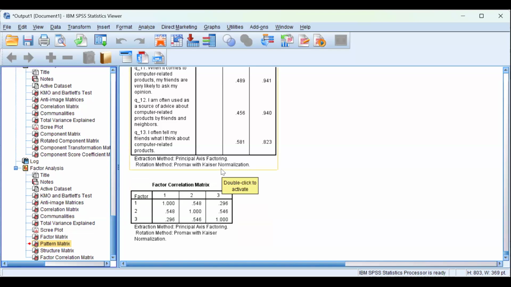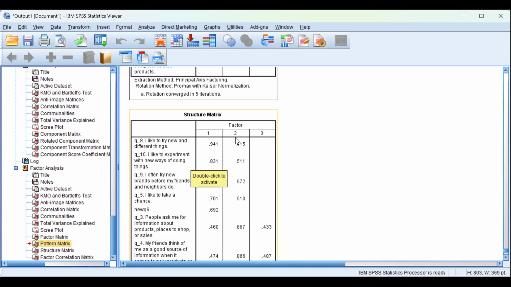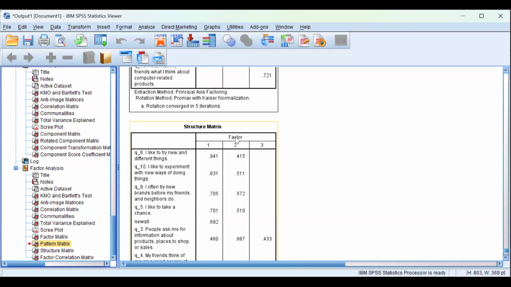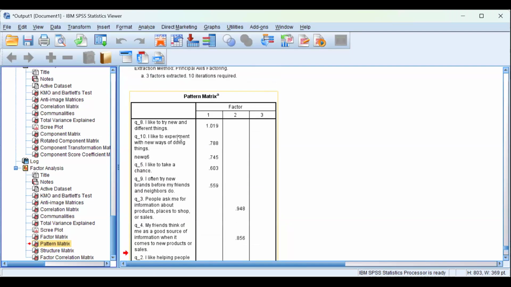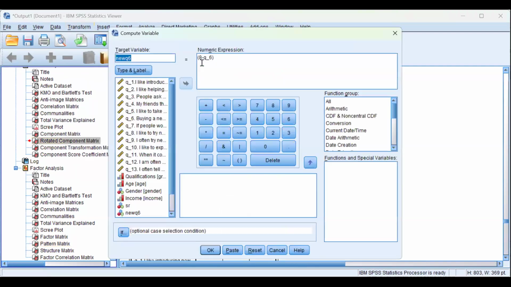Now, let me show you the means here for whatever factors we extracted. Let me just see here Q1, Q2, Q3, Q4. If I look here again, 8, 10, 5, 9. If I go here, transform, compute variable, and I calculate the mean factor.